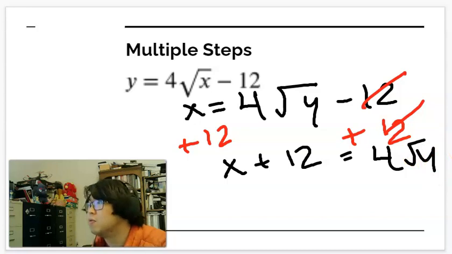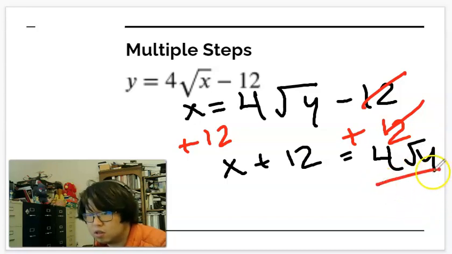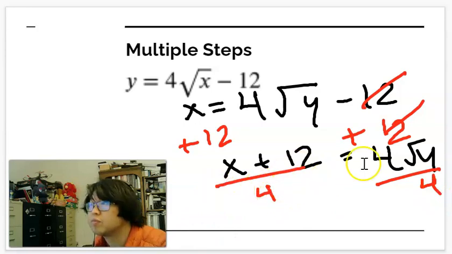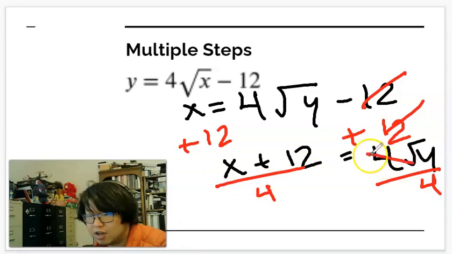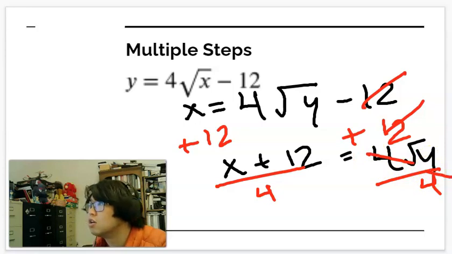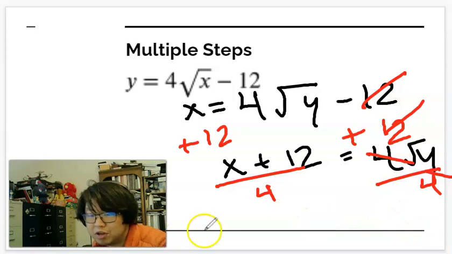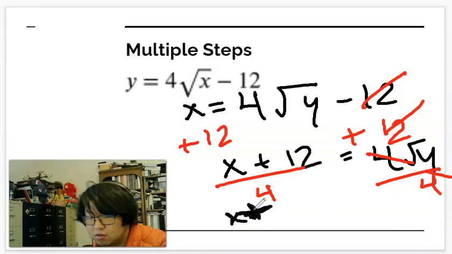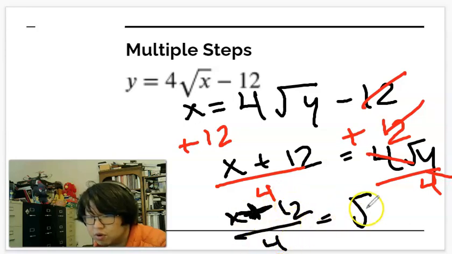Divide the whole thing by the 4. So that allows me to cancel out these. And then I should end up with something along the lines of x plus 12 over 4 equals square root of y.